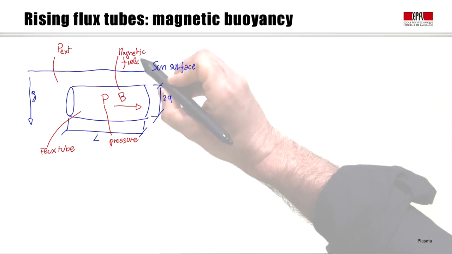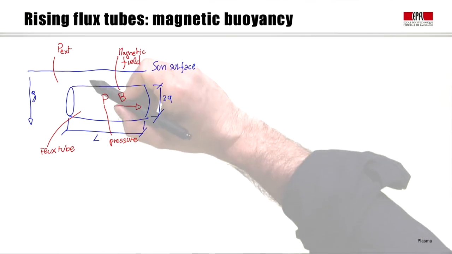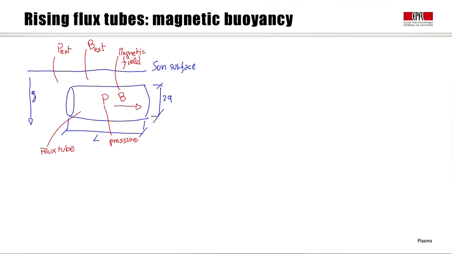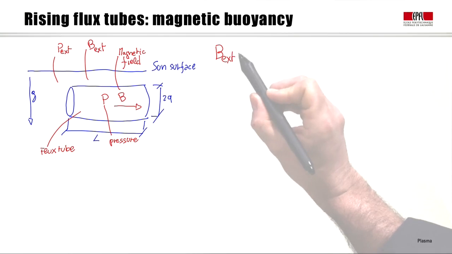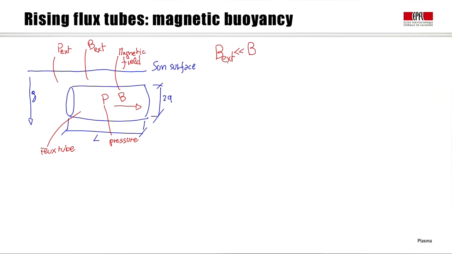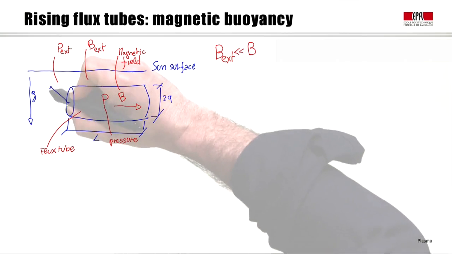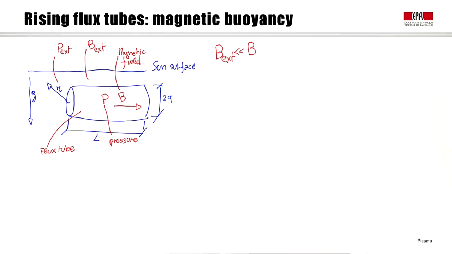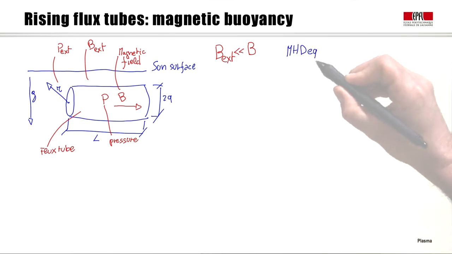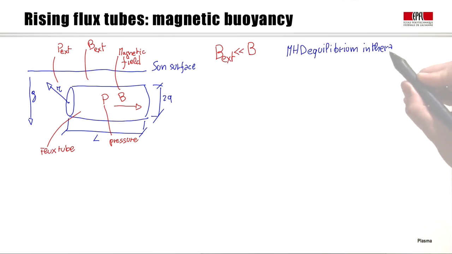This flux tube has a magnetic field B, which is much larger than the magnetic field characterizing the outside environment. Let's now consider a cylindrical coordinate system centered in the center of the flux tube, and let's write down the MHD equilibrium in the radial direction.